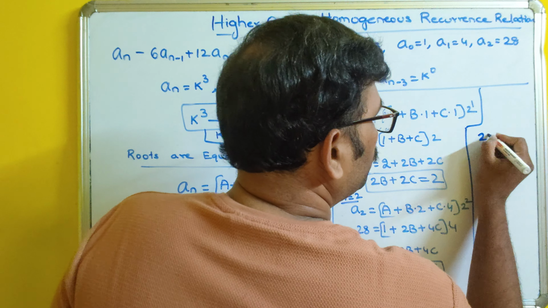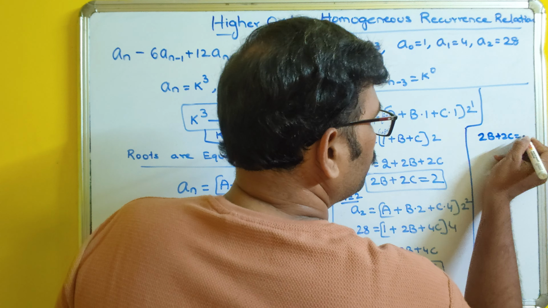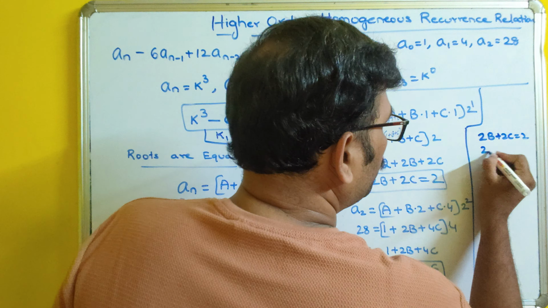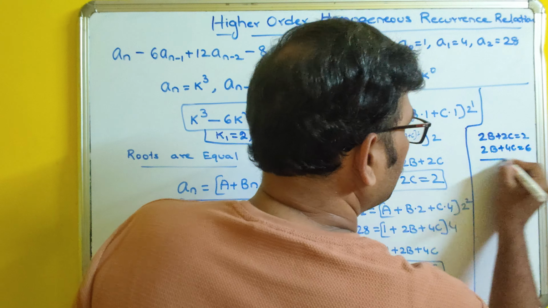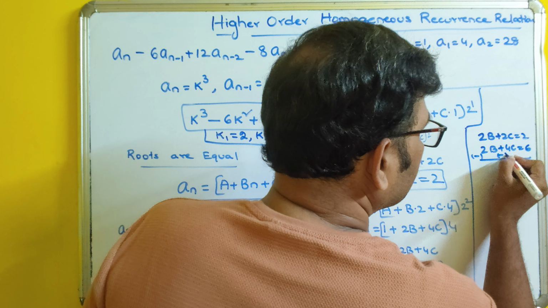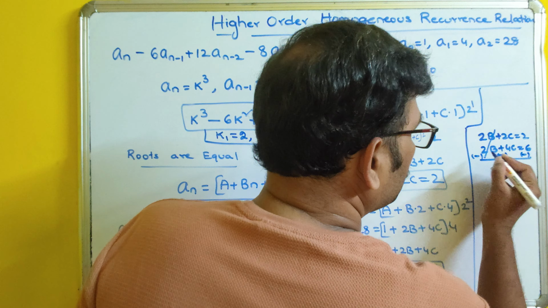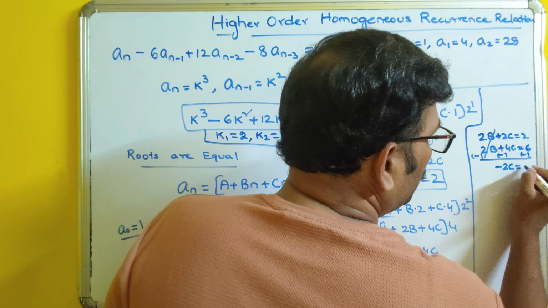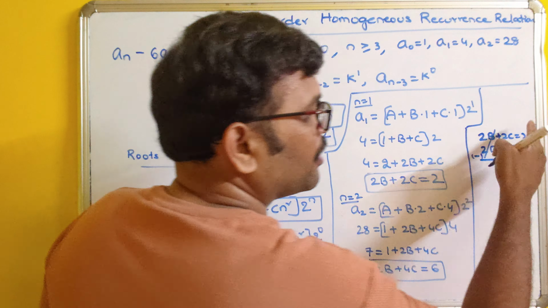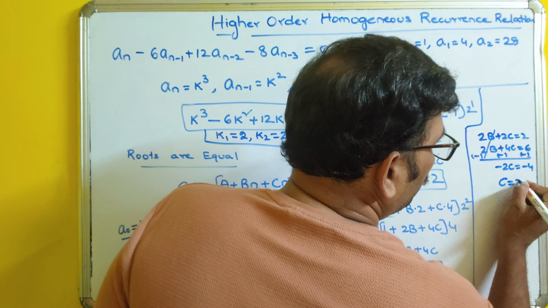So 2b plus 2c is equal to 2. 2b plus 4c is equal to 6. So apply the subtraction. The 2b is cancelled, and minus 2c is equal to minus 4. So c is equal to 2.